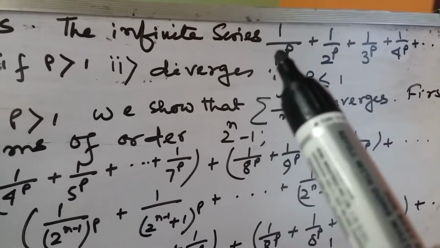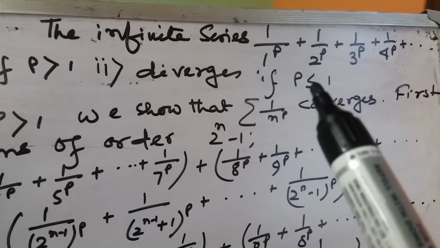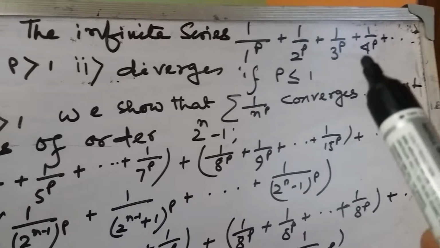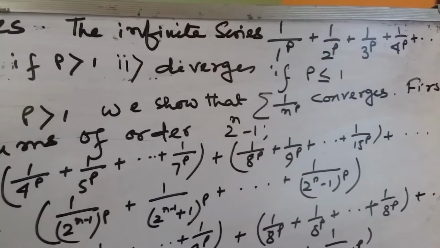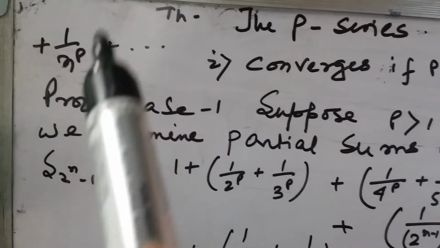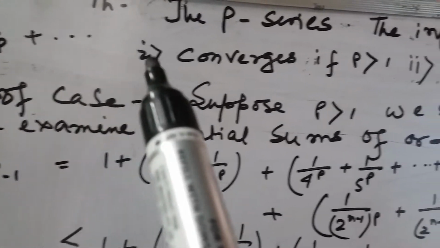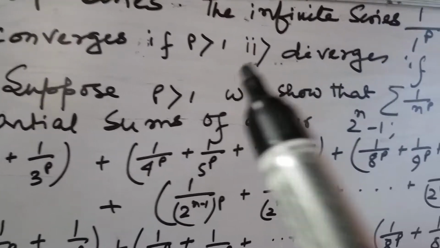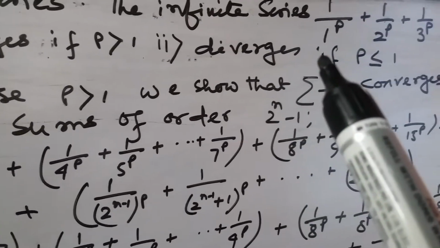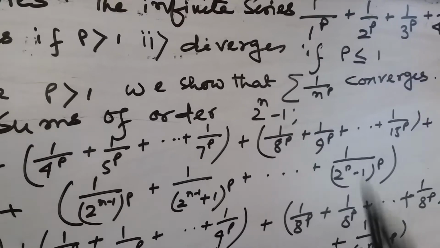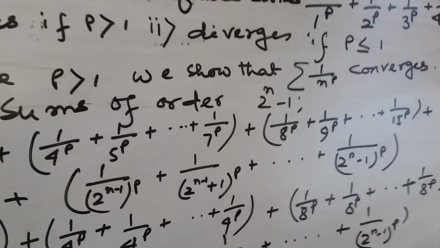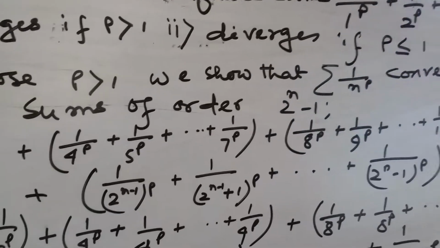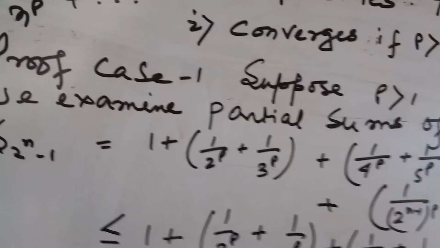If 1 by 1 to the power p plus 1 by 2 to the power p plus 1 by 3 to the power p plus 1 by 4 to the power p plus dot dot dot plus 1 by n to the power p plus dot dot dot converges if p is greater than 1, it diverges if p is less than or equal to 1.